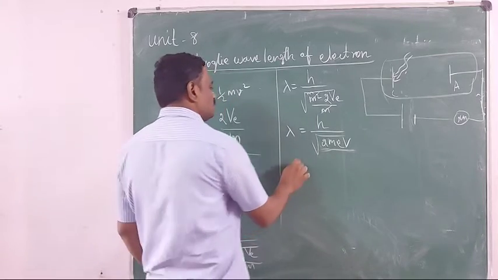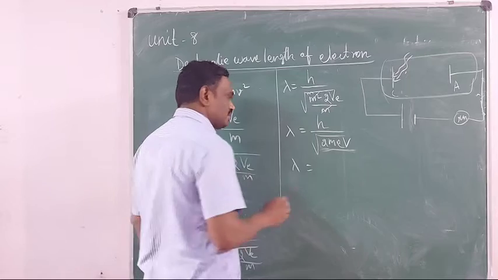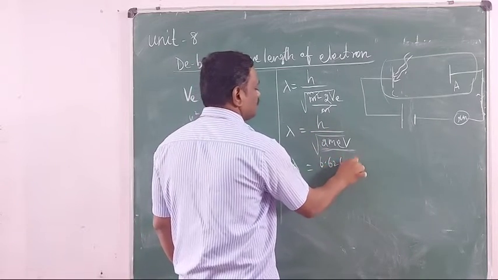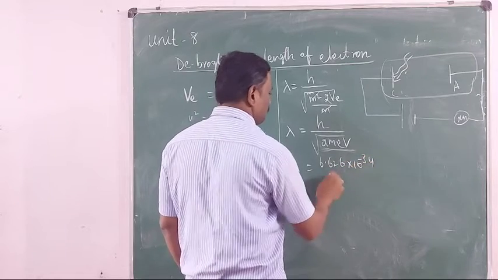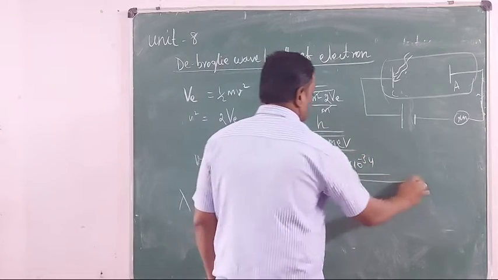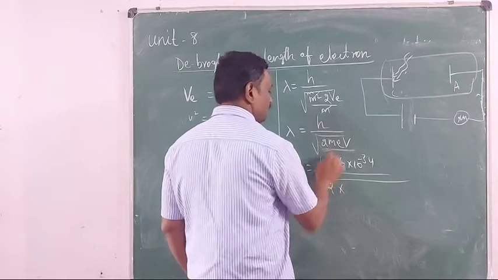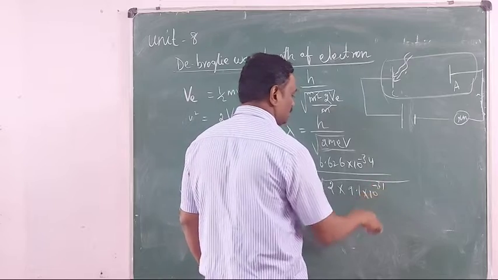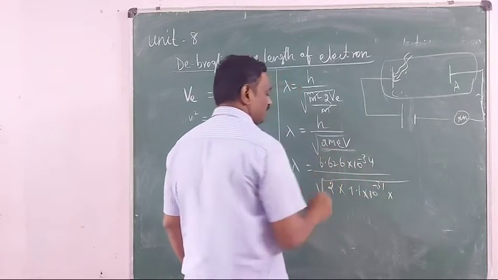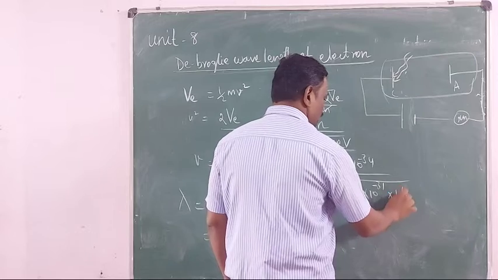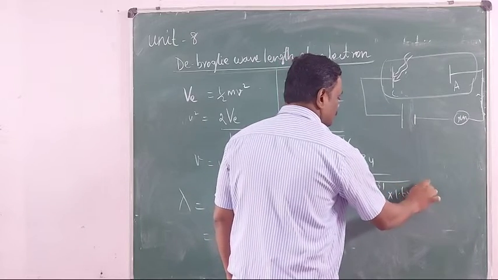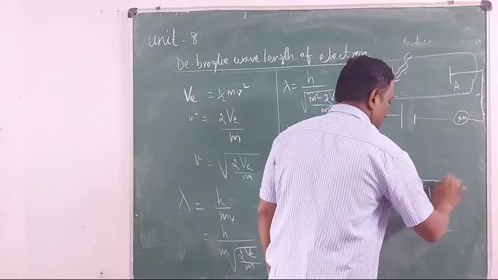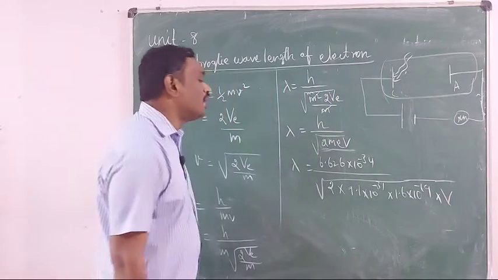Substitute the values of the constants, where h is equal to 6.626 into 10 power minus 34, divided by root of 2 into m, where m is the mass of the electron, 9.1 into 10 power minus 31, and the charge of the electron is 1.6 into 10 power minus 19, and capital V, where V is the potential difference that we can change.